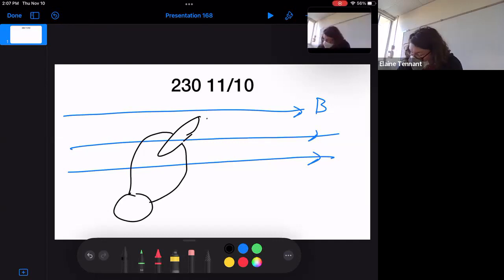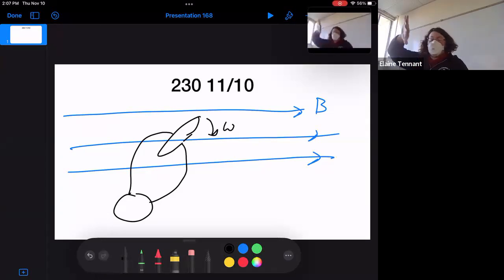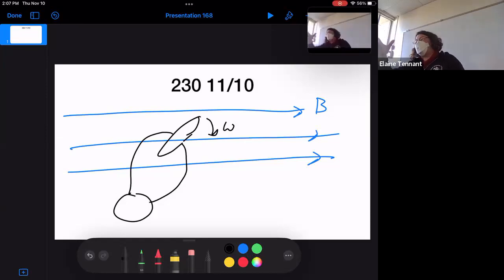And then I'm going to spin this loop of wire at some angular velocity, so that as it spins around, the magnetic flux goes from 0 to a maximum to a 0 to a maximum, and it keeps spinning.